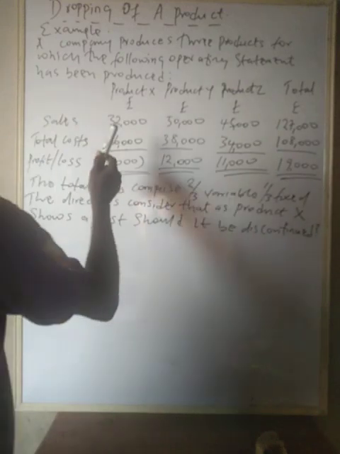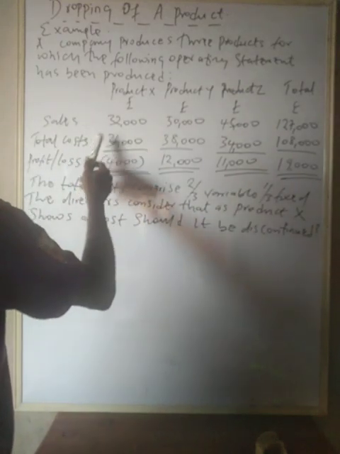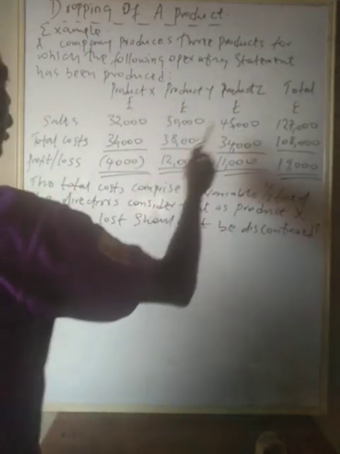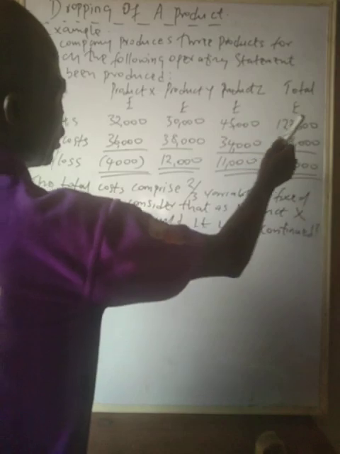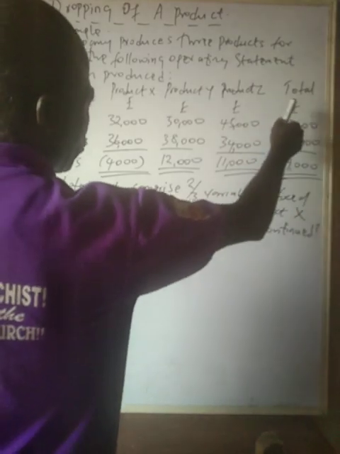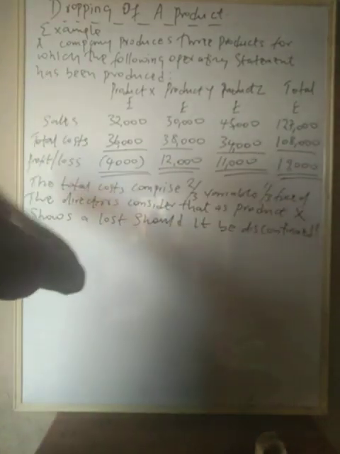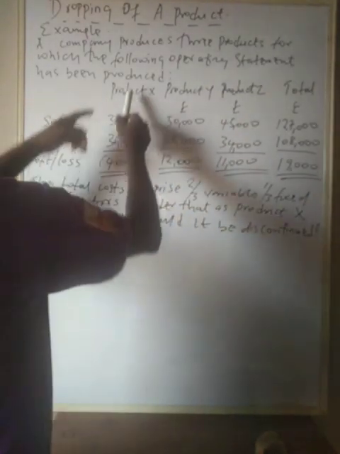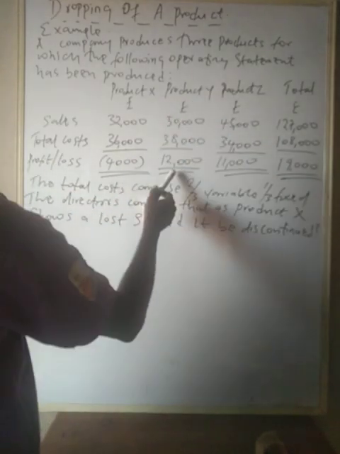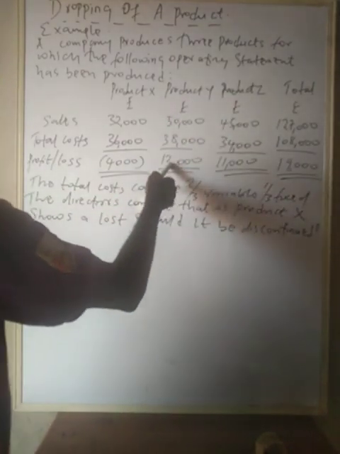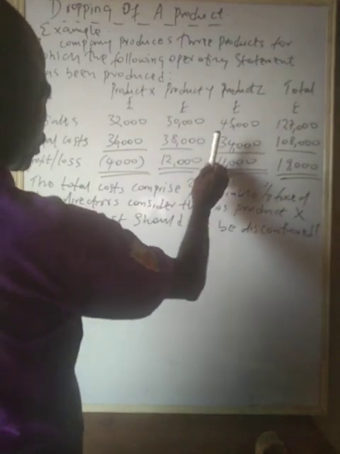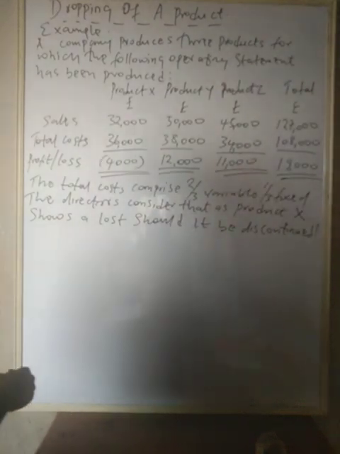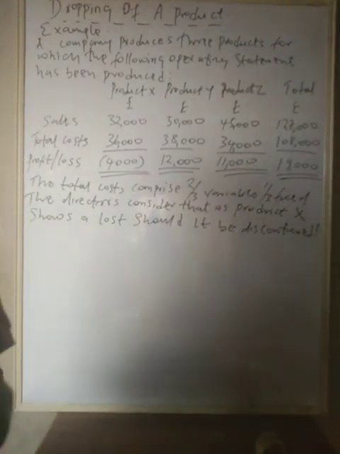Total cost, comprising both variable and fixed costs, is 36,000 for product X, 38,000 for product Y, 34,000 for product Z, and 108,000 in total. Profit and loss: a loss of 4,000 for product X, a profit of 12,000 for product Y, a profit of 11,000 for product Z, and 19,000 overall profit.